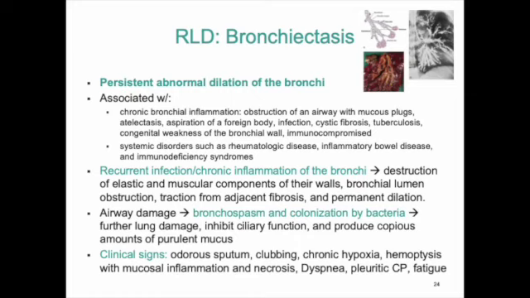Remember, this is the bloody discharge that can occur with patients. We do see hemoptysis with bronchiectasis. Additionally, you'll see airway damage leading to bronchospasms, and with the bronchospasms, bacteria have a chance to colonize in this area, which would then promote infection and further lung disease.